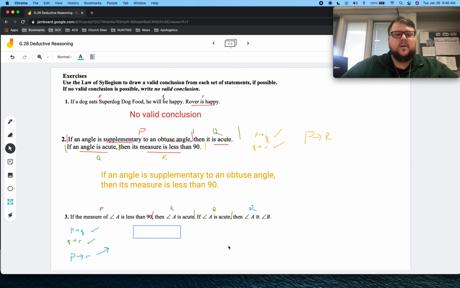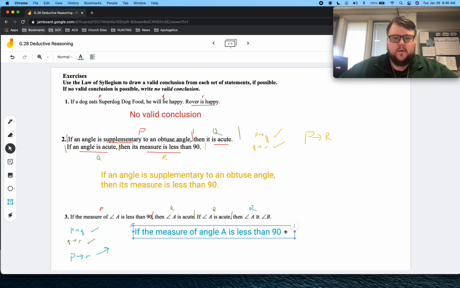If P, the measure of angle A is less than 90, then R, angle A is congruent, and I don't have the symbol for congruent, so I'm just going to put equal to angle B, and that's our statement.